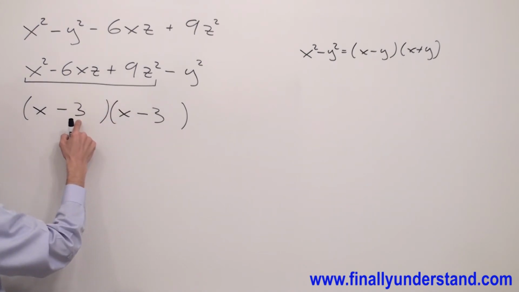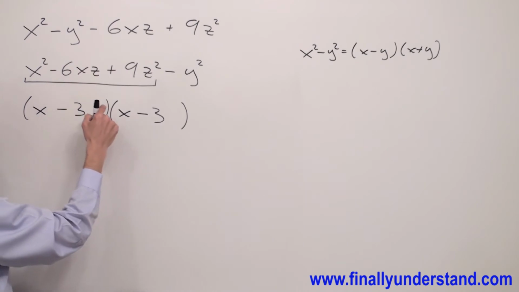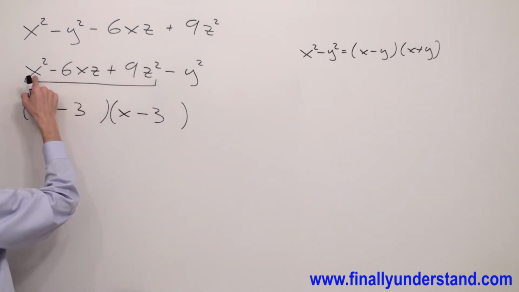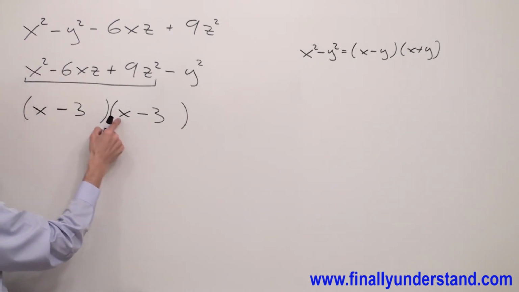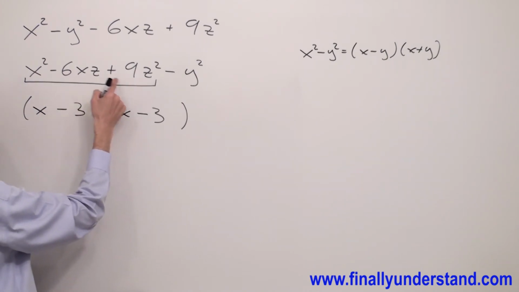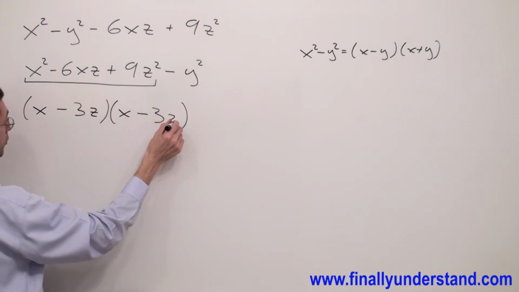Negative 3 plus negative 3 gives me negative 6. But we have also z. We do not have z next to the x, that's why I'm not going to add z next to x. I have z in the second term and third term, that's why I'm going to add z over here and over here.